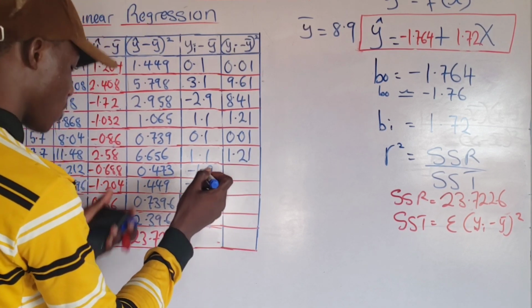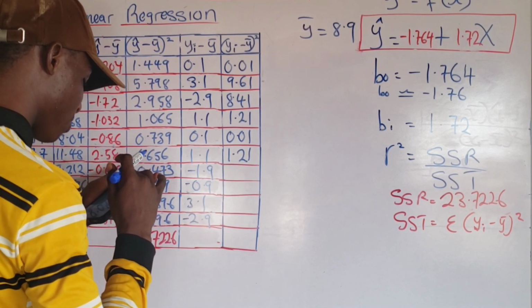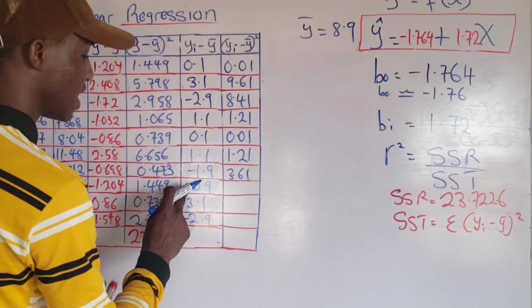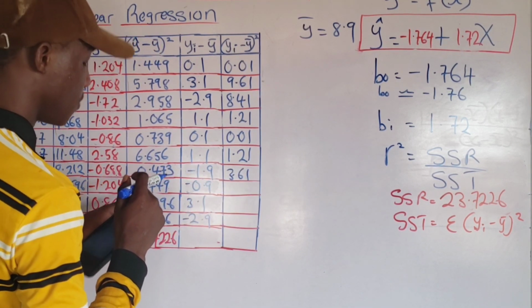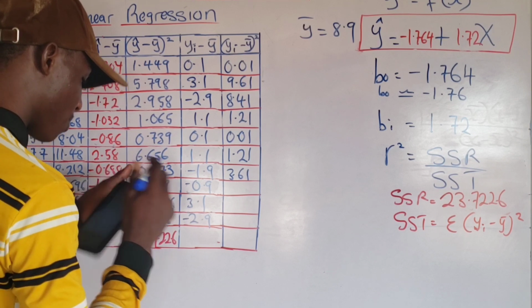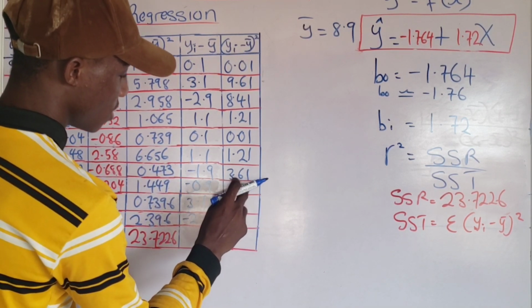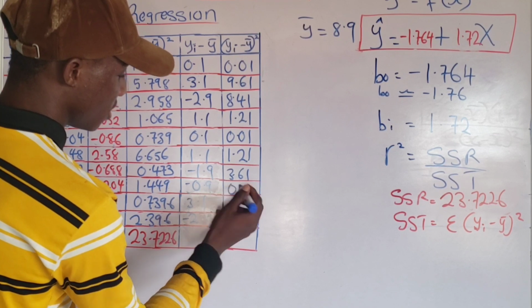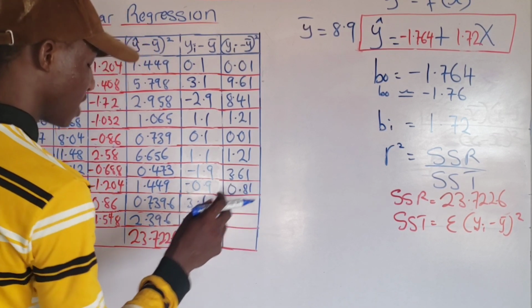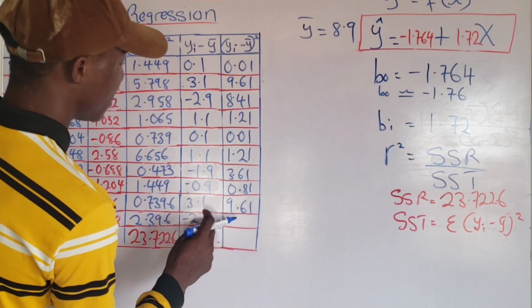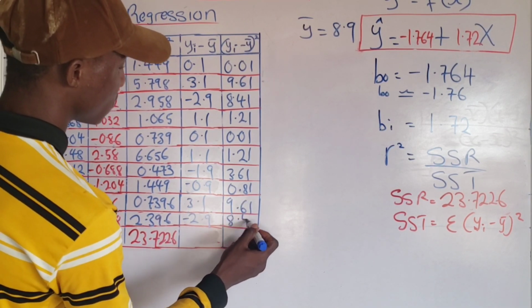Negative 1.9 squared will give us 3.61. Negative 0.9 squared will give us 0.81. 3.1 squared will give us 9.61. Negative 2.9 squared will give us 8.41.